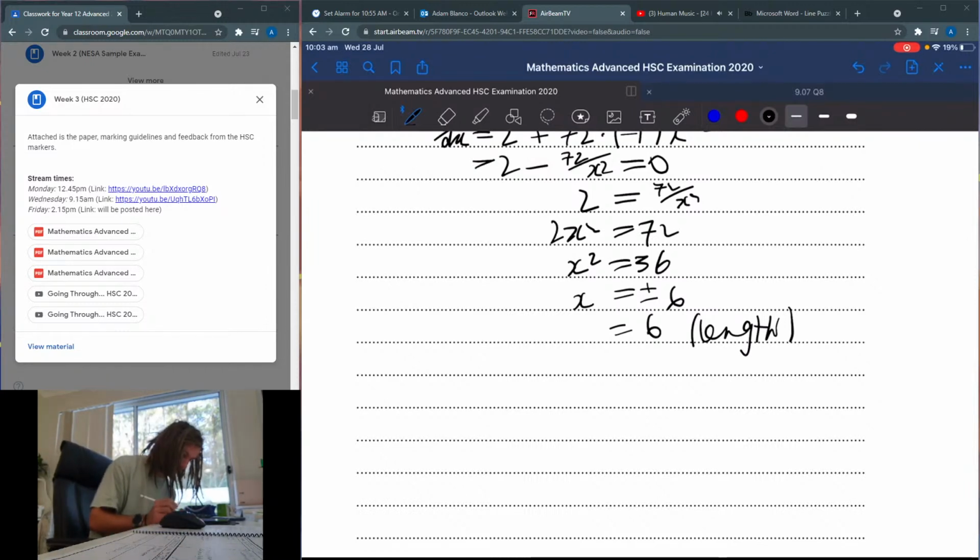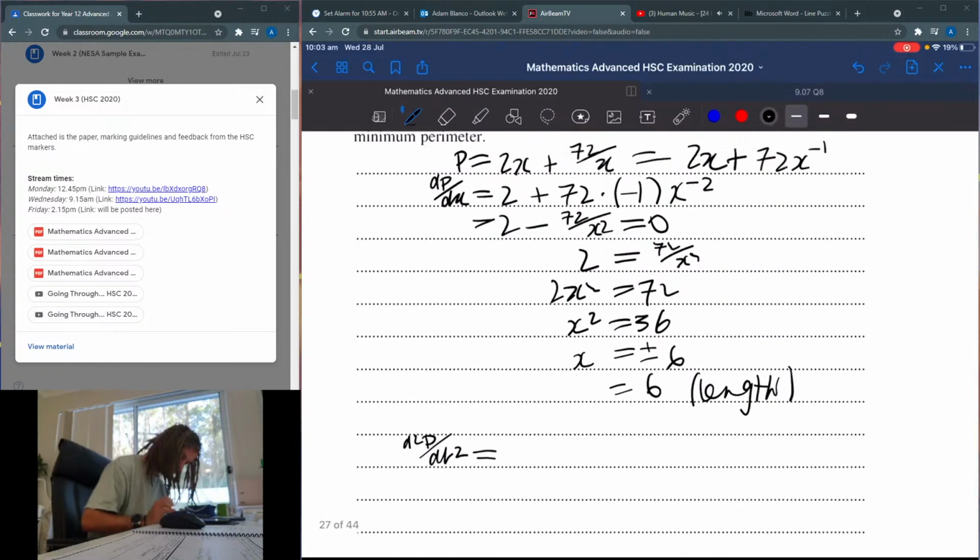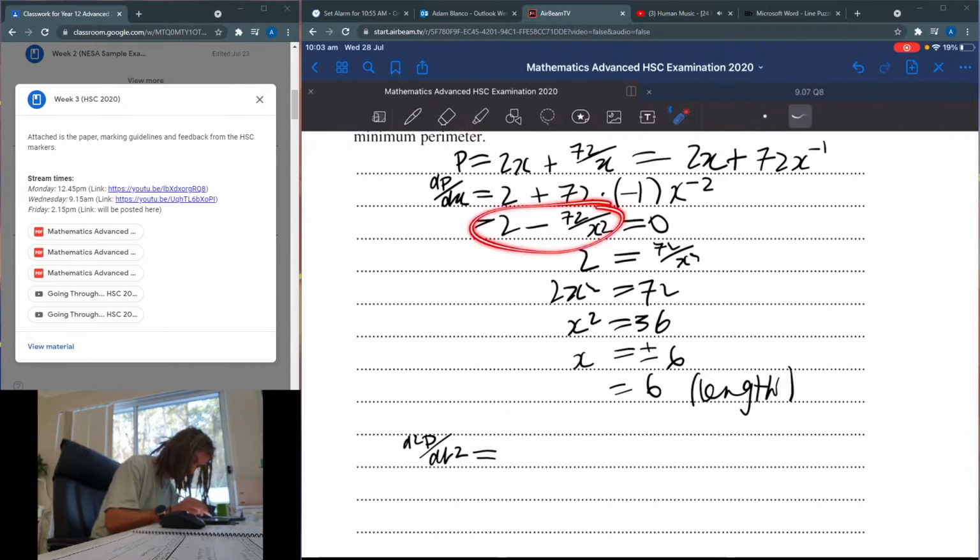So I do that by, what do I do? Put that in the second derivative. d2p dx squared equals, okay, what am I doing? It's this thing. Let me rewrite this.